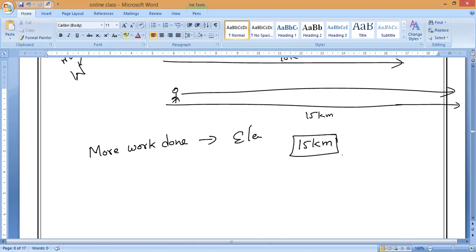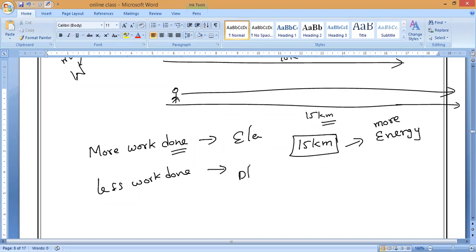Means in the sense that he is able to travel 15 kilometers, he has done more work. So he is having more energy. Now who has done less work? Darun, yes or no?